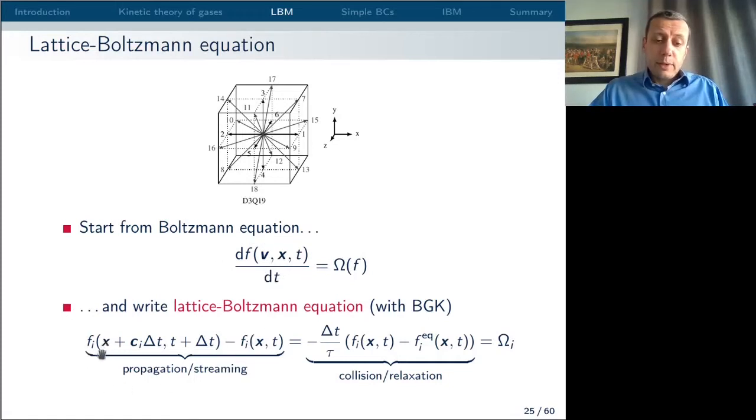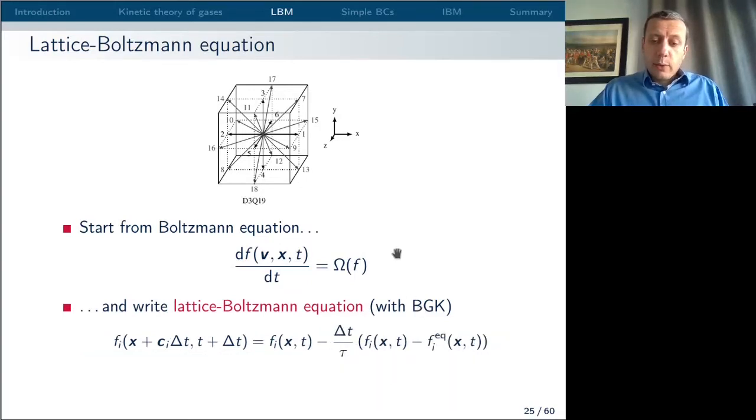That is a given population i evaluated at point x in space and time t, and its counterpart one time step later will have moved by c_i times delta t, where c_i is the velocity of that population. And I will illustrate it in a few slides. And the collision operator is exactly what you had before. You have your current distribution, which will relax towards the equilibrium distribution over a time scale 1 over tau.